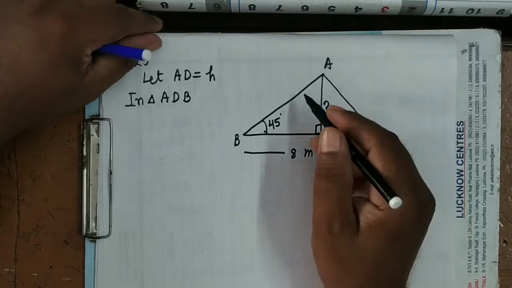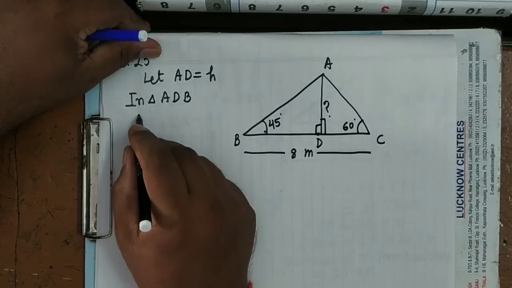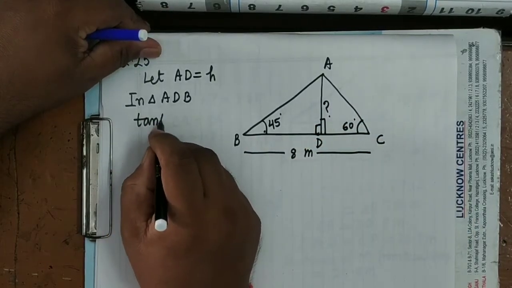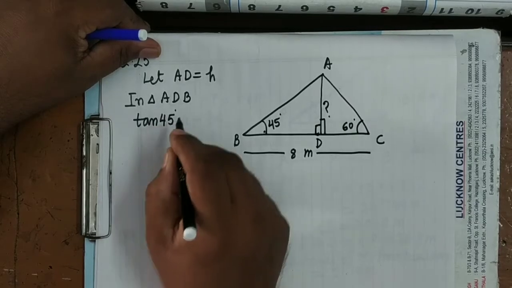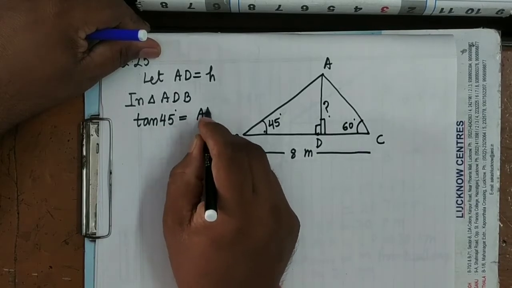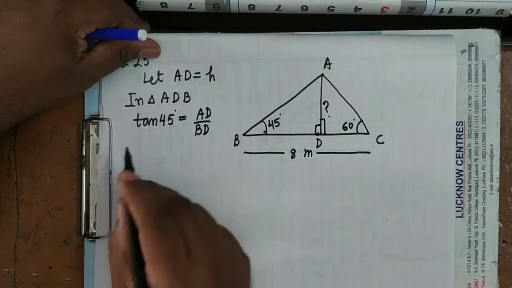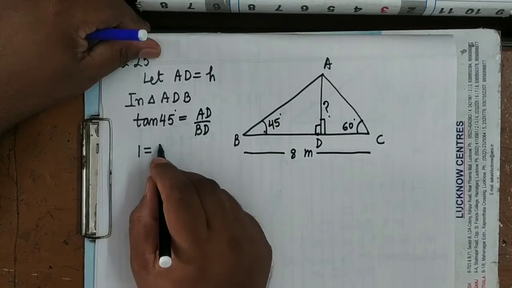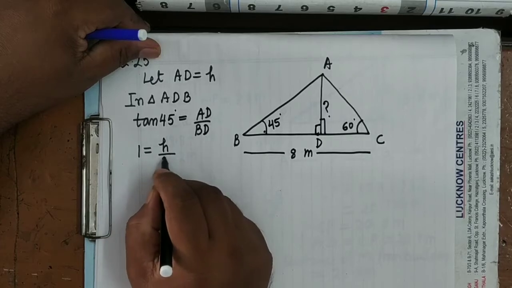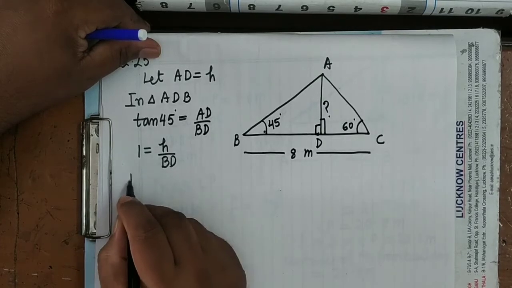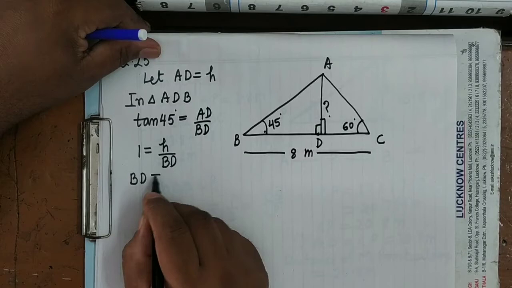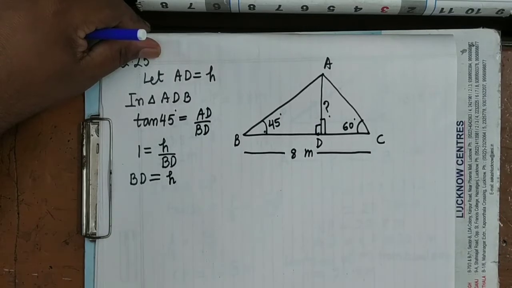So tan 45 degrees equals AD upon BD. Tan 45 is 1, AD is H upon BD. So BD is equal to H.